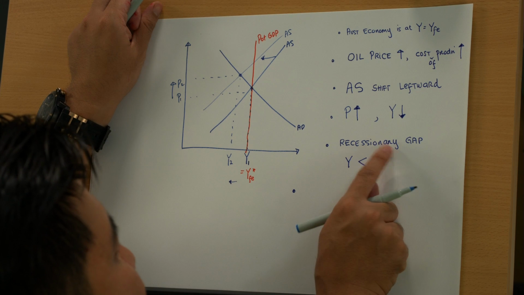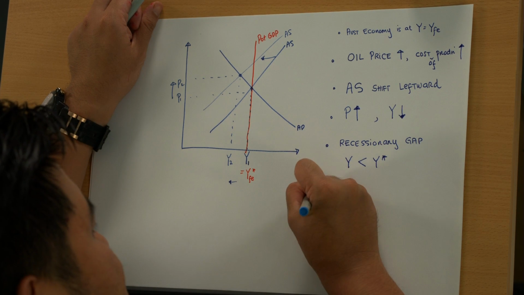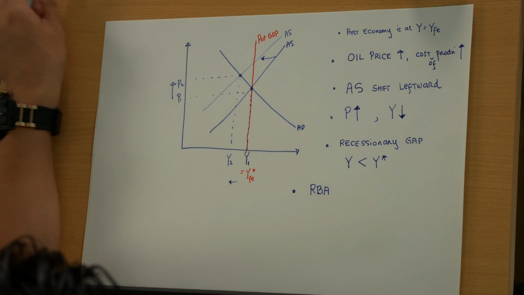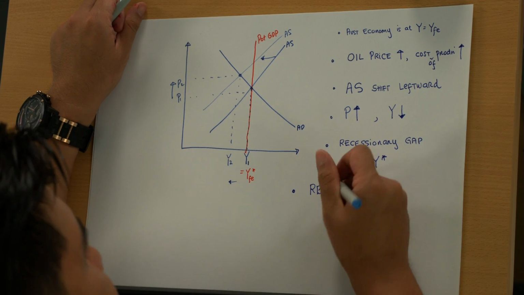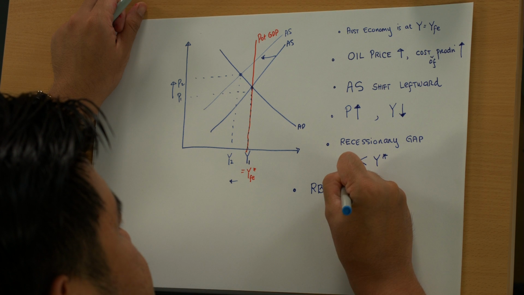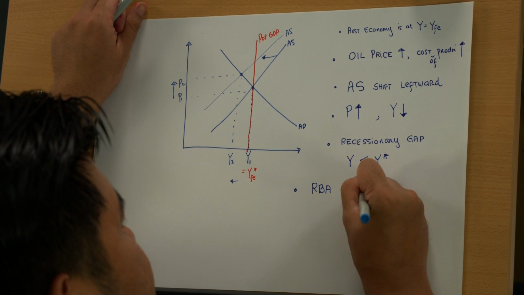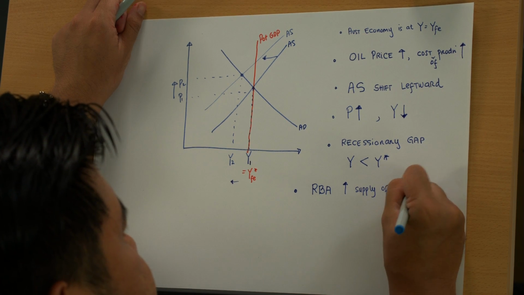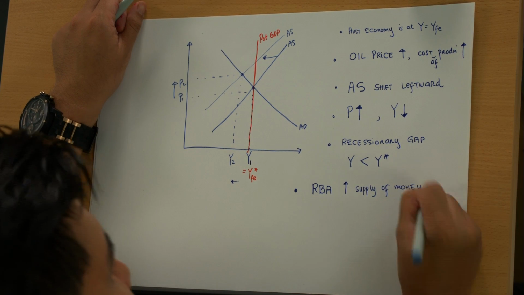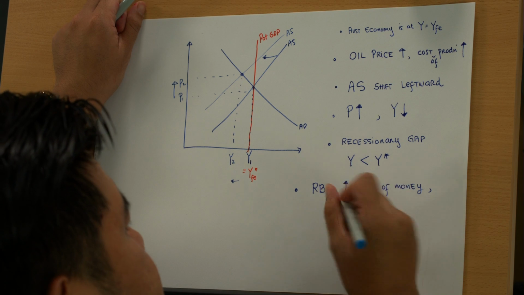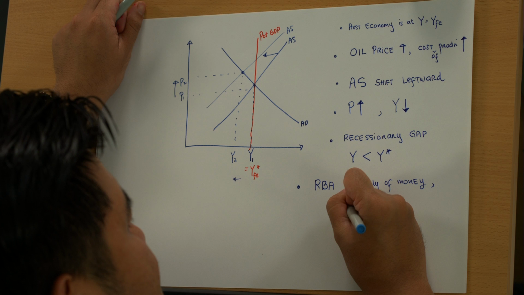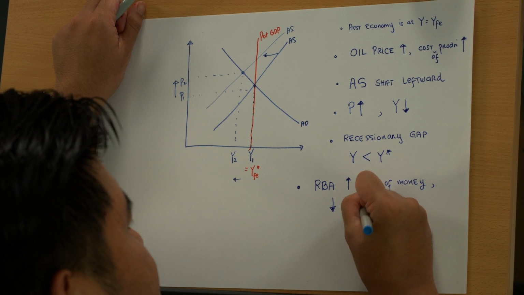You know, guys, when we are at a recessionary gap, the Reserve Bank of Australia may increase the supply of money, that will cause a decrease in interest rates in the economy.